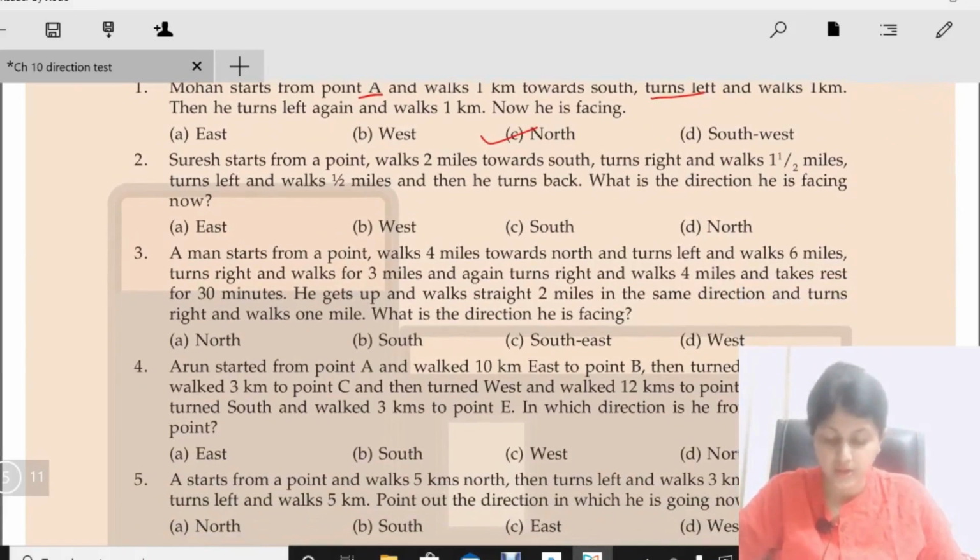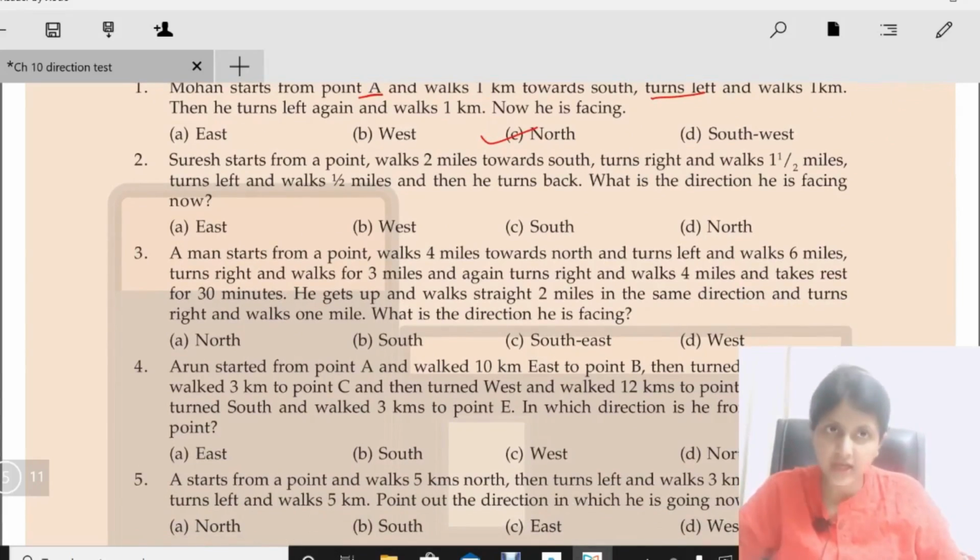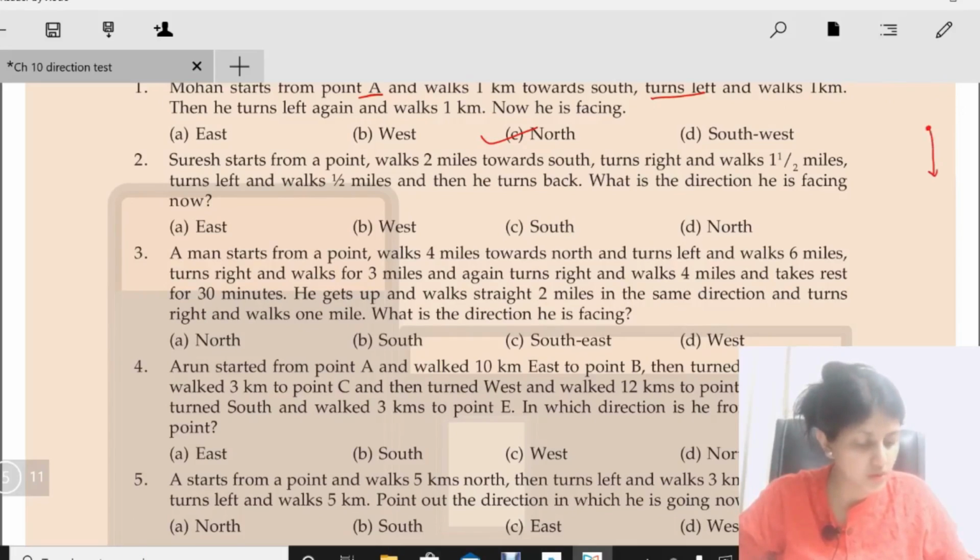Question number 2. You can start solving, pause the video, start solving, and then check your solution. Suresh starts from a point, walks 2 miles towards south. Turns right and walks 1.5 miles. Then turns left and walks half a mile.